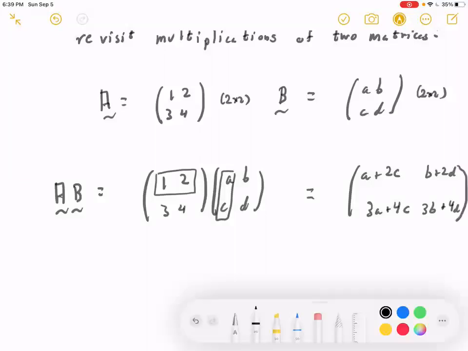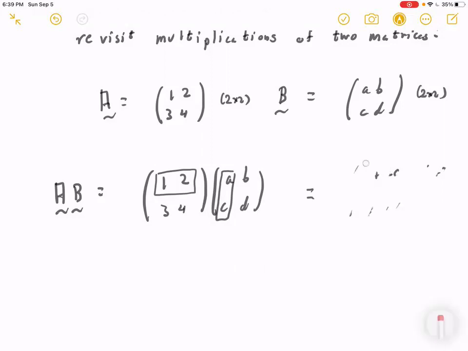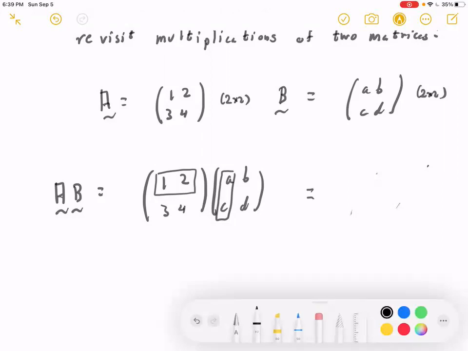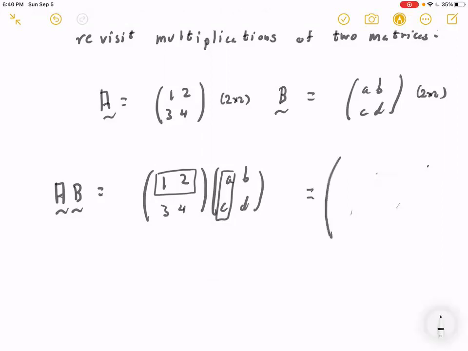Let's clean that up a bit. Let this thing breathe. So the 1-1 matrix element is A plus 2C. The 2-1 matrix element is 3A plus 4C. The 1-2 matrix element is B plus 2D. And the 2-2 matrix element is 3B plus 4D.